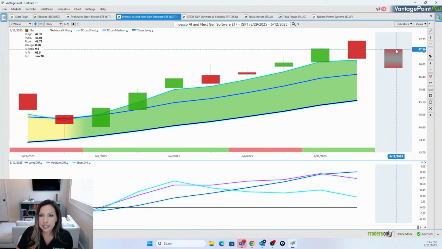Now we were expecting some potential weakness in this market today. How did we know that? Well, it's VantagePoint, it's the neural networks, it's artificial intelligence. It knows more than us as humans because it can calculate things behind the scenes in a mass way that we would just never be able to do as humans. And so when you think about how to navigate through a trend where we do have this bullish expectation here, right?